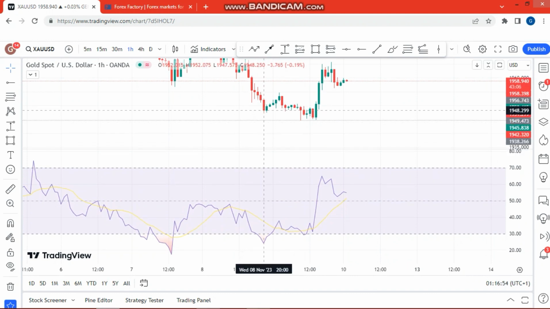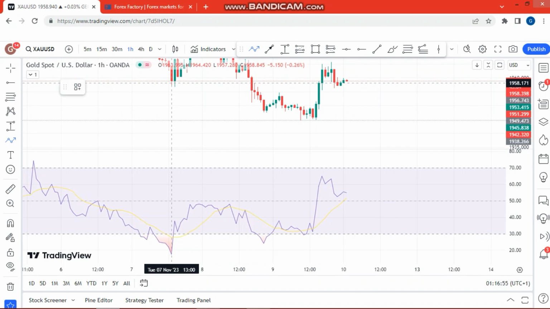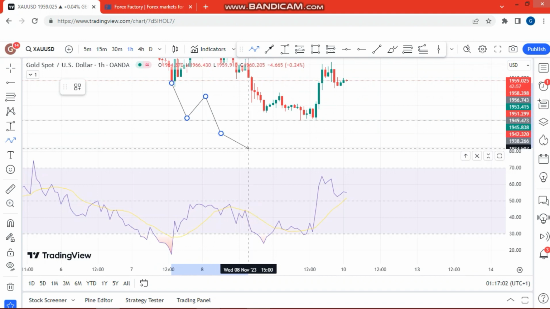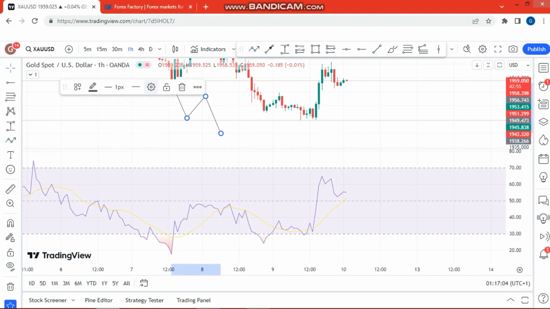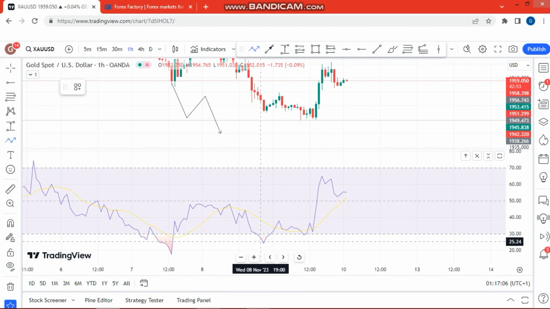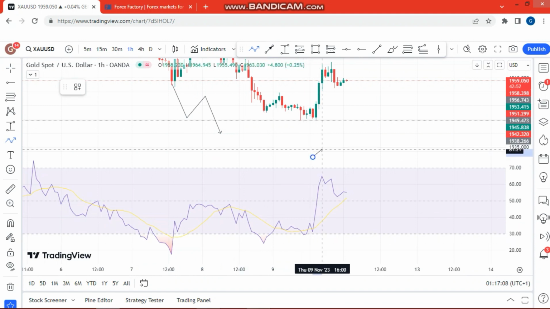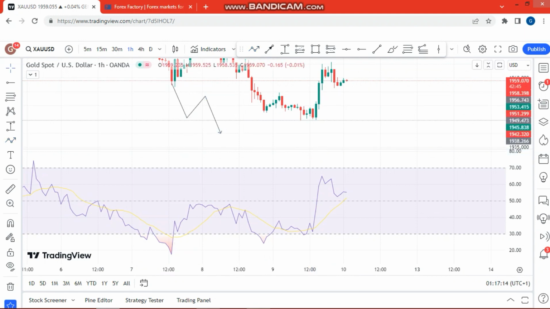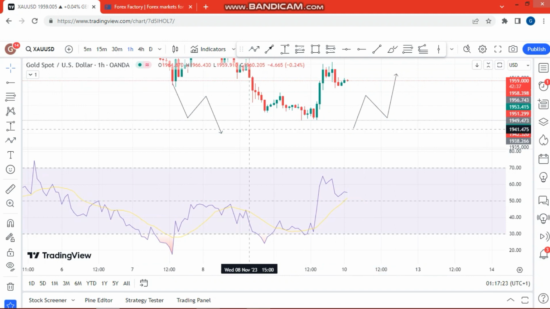Now price was making a lower low, lower high right there, but the RSI was giving us a lower high, higher high and higher low.